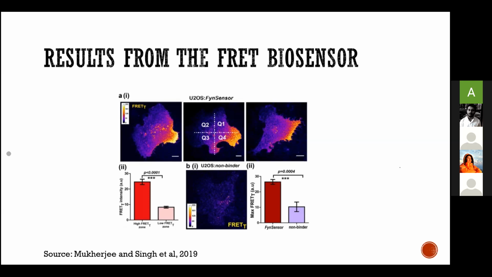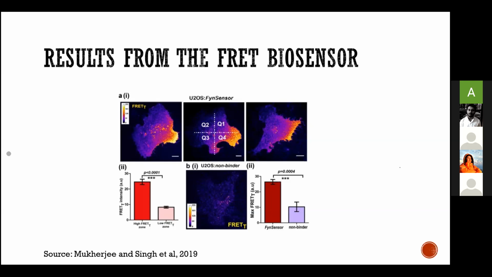There are time points like 12 hours, when you check whether you can see something glowing, and after 24 hours you check again. Then there are different time points at which you take the cell for imaging. You inject the biosensor in E. coli first before putting it in the cell.